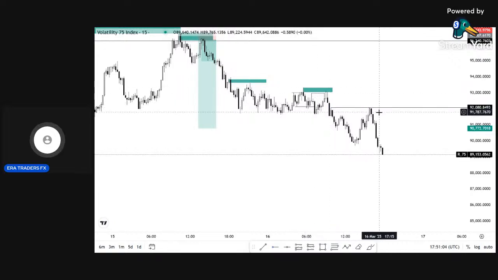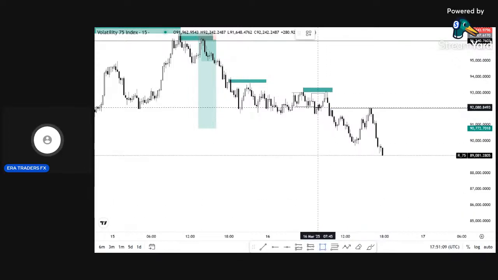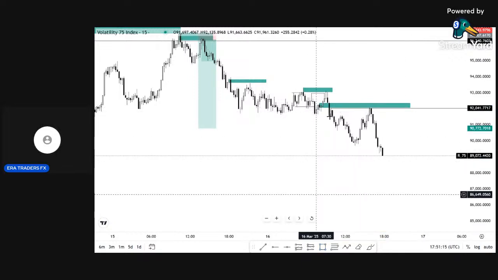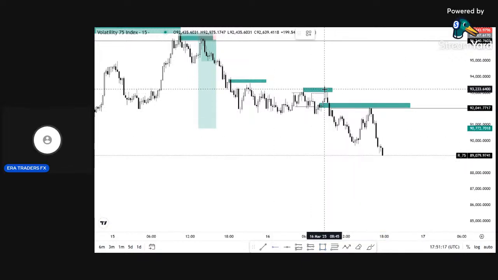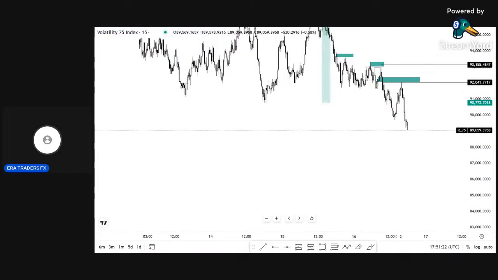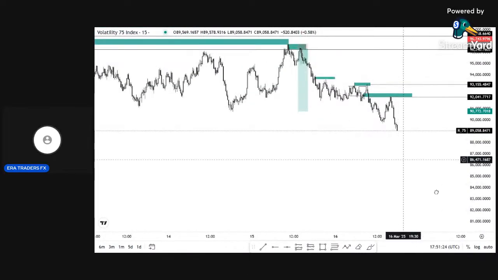Okay, this could be the liquidity, and this is the POI for that trade, for this sell that occurred. And this will be the protected high. So this sell already would have been in profit.